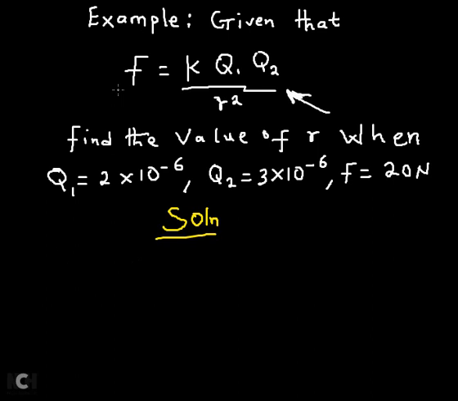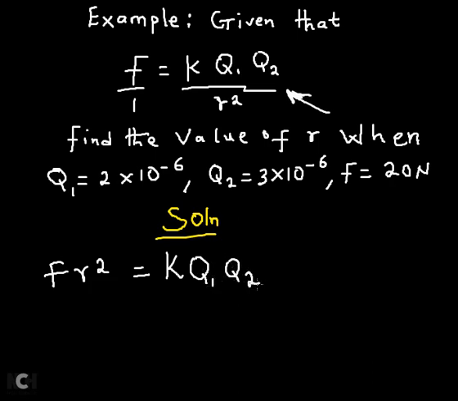So cross multiplying, F multiplied by r squared will give me F r squared, and k q1 q2 multiplied by 1 will give me k q1 q2.